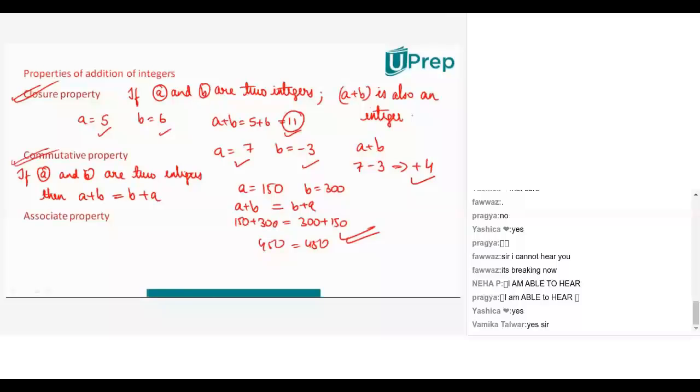Brilliant. So like if it's 3 plus 4 plus 5, you can add them like first you do 2 plus 5 and then you add them with 7. Brilliant, brilliant. I was able to figure out what you were telling.